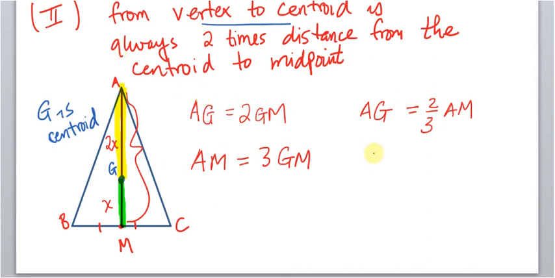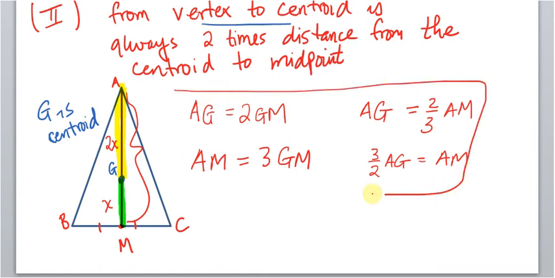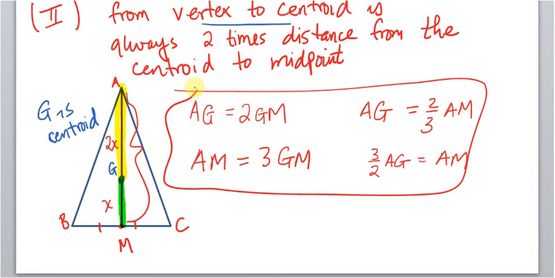Or we can flip it around and say that 3/2 of AG is equal to AM, just multiplying both sides by 3/2. There are a few other ways that we can write this, but these four are the simplest ones to remember.